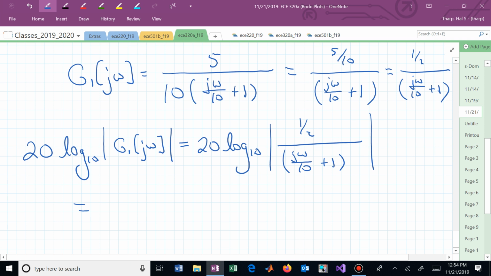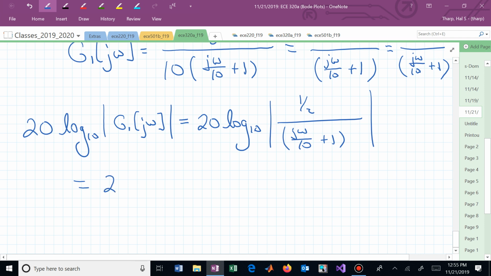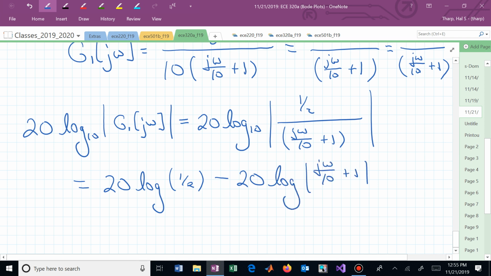One of the reasons why we're doing this in a dB scale is so that multiplications and divisions can just be additions and subtractions because of the logarithm. This can now be rewritten as 20 log of 1/2, I don't even have to worry about the magnitude of that since it's positive, minus 20 log of the magnitude of j omega over 10 plus 1.